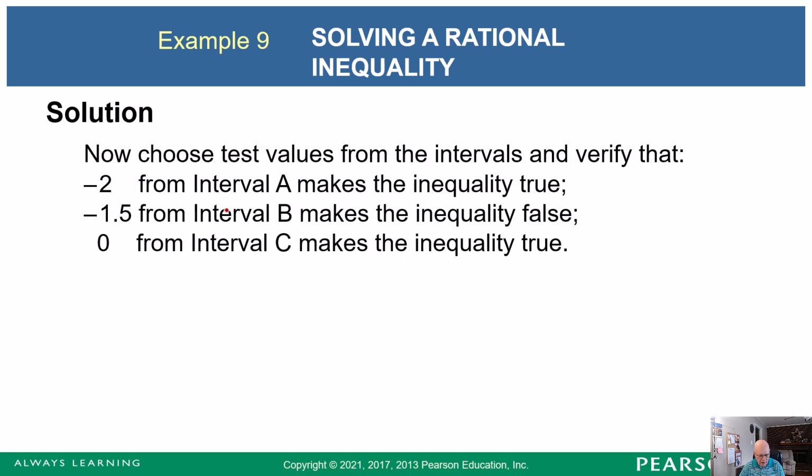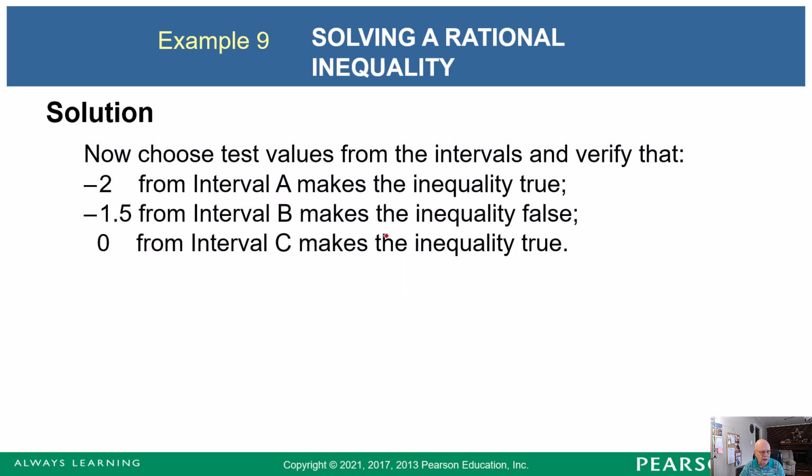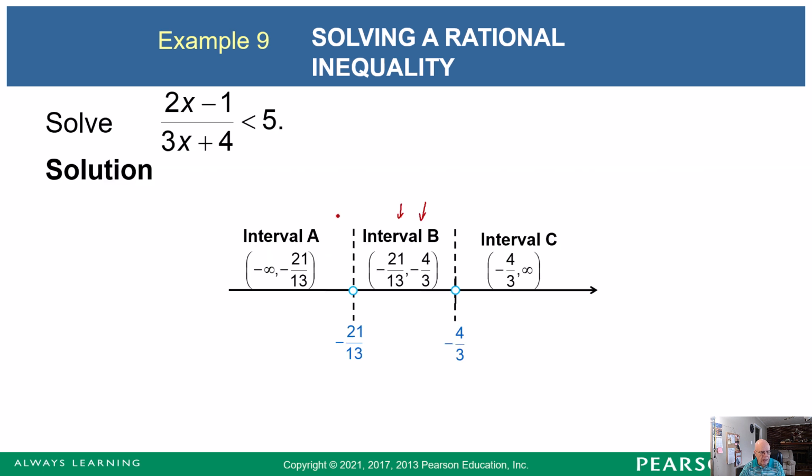Negative 1.5 from interval B. Now, if you're not too sure about that one, you can take the decimal versions of these two and get something in between. And they already told us that negative 1.5 is between those two. And in interval C, 0 is there. So that's an easy one to work with.